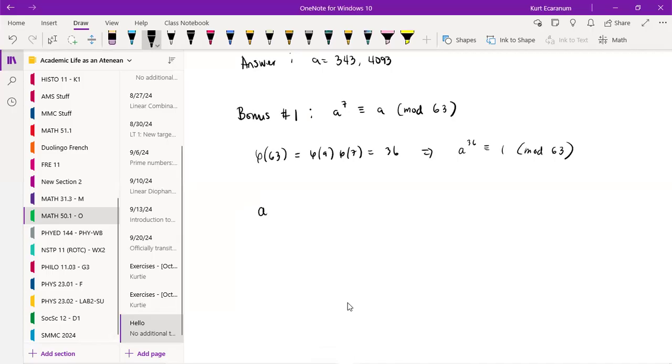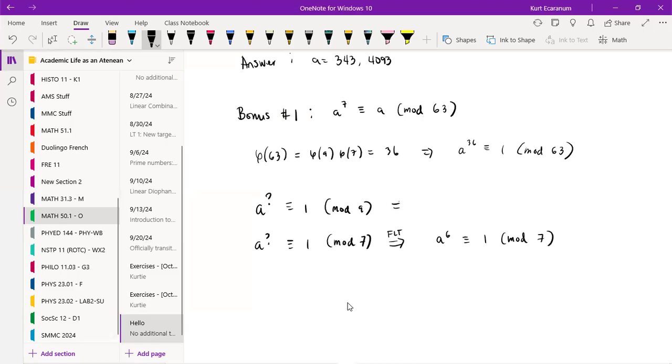So let's think of something that's 1 mod 9 and also 1 mod 7. By Fermat's little theorem, this gives us a to the 6 congruent to 1 modulo 7, because 7 is prime.